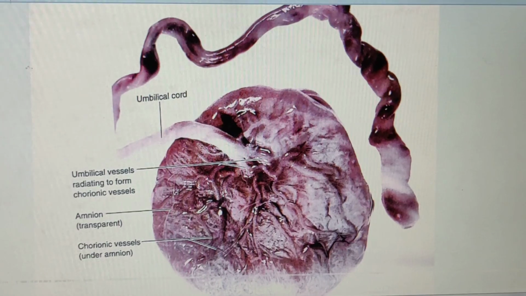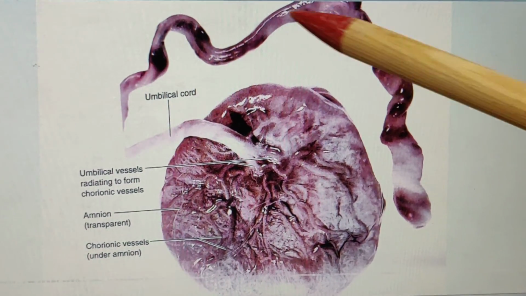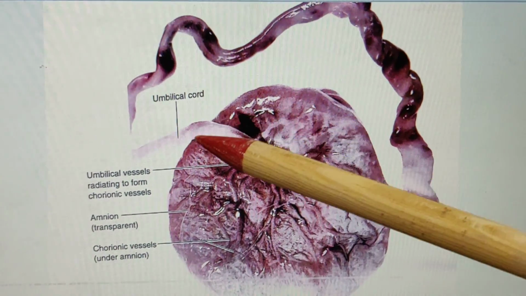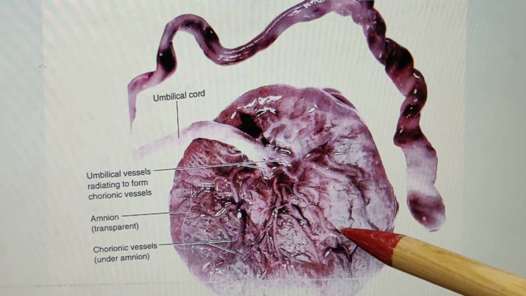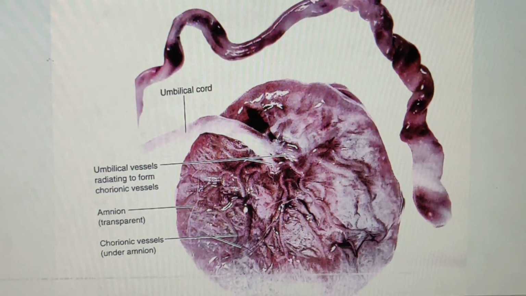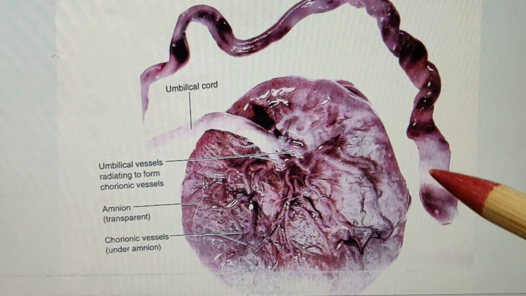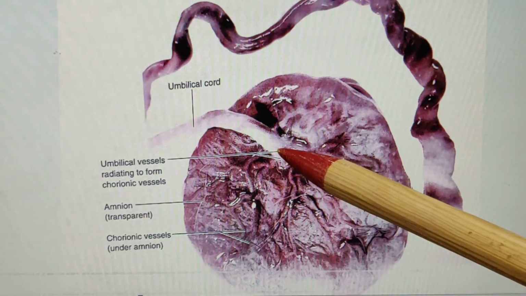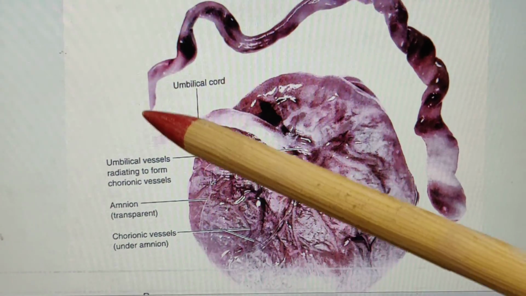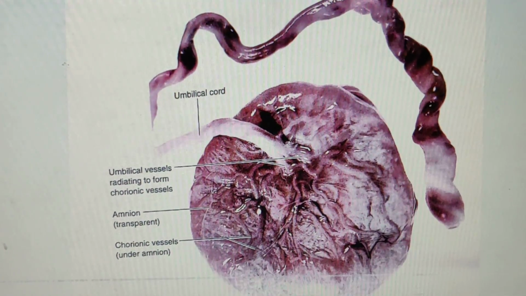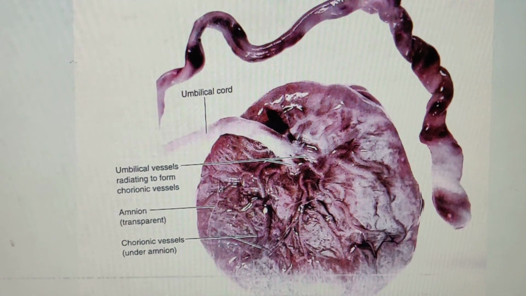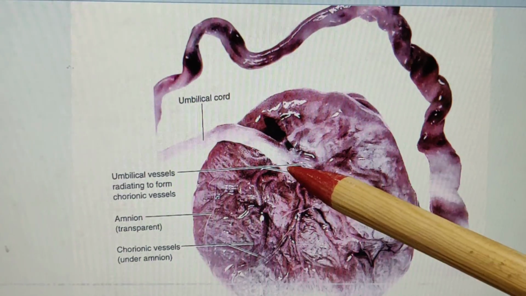Now, look at this diagram. This diagram represents the fetal surface of the placenta. This is the attachment of the umbilical cord. This umbilical cord is most commonly centric or eccentric in position.